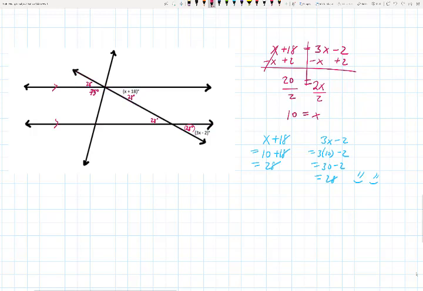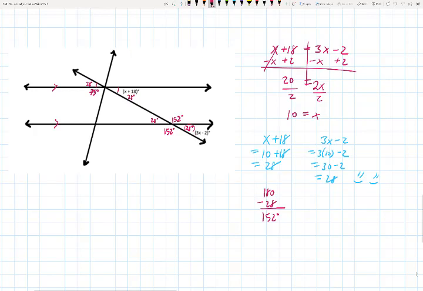So that's 28 up there. Vertical. Oh, and I could have also done it. It's just vertical to that. And then I can do 180 minus 28 to get the ones that are supplementary to that. So that's 152. So he's 152 degrees there. Makes a lovely straight angle with that. 152 degrees there. 152 vertical to that.